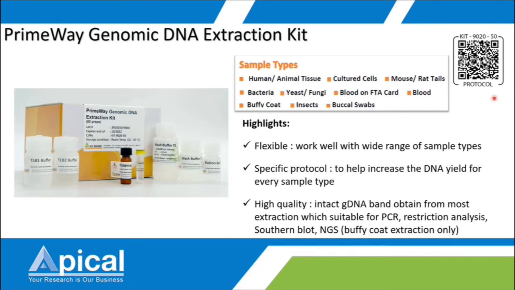Maybe you can scan the QR code here to have a detailed view of the full protocol, because later in the webinar session I will talk a little bit about the protocol. While we go through the protocol, I will share the tips and the basic information with you.